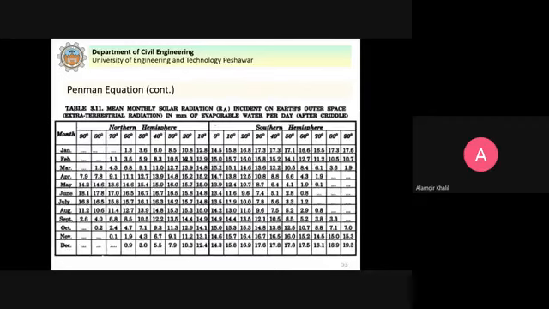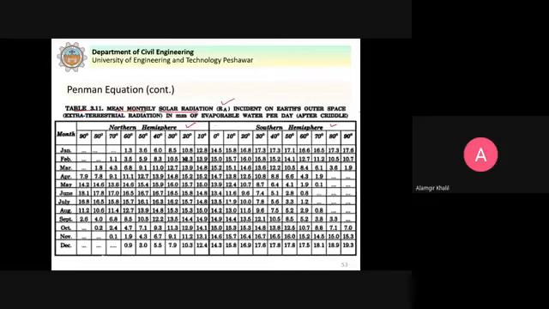Similarly, we have this table 3.11, mean monthly solar radiation RA, that we can take for the months from January to December, and we have the northern hemisphere and the southern hemisphere for different locations. Clear?